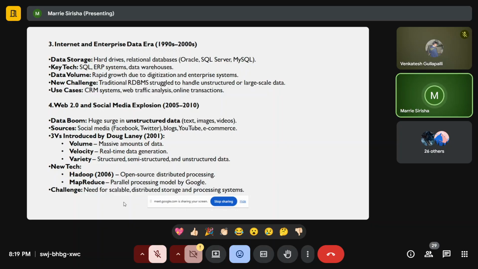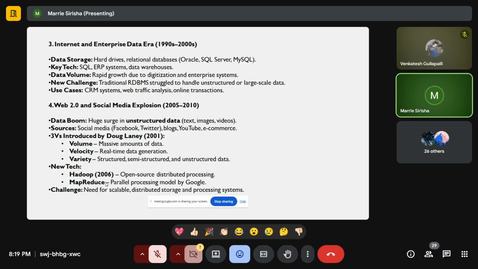As I explained to you in your course objective itself, Hadoop programming model. It was introduced in 2006 and it is open source distributed processing. And MapReduce was introduced. That is parallel processing. Hadoop is a distributed processing. That means data is distributed across several components or parts.